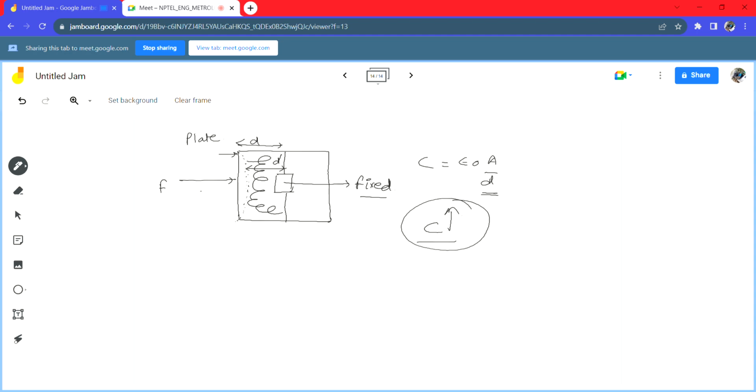So when we are applying a force in this fashion, the capacitance will increase. So if this is F compressive, with the increase in compressive force, the capacitance will increase.